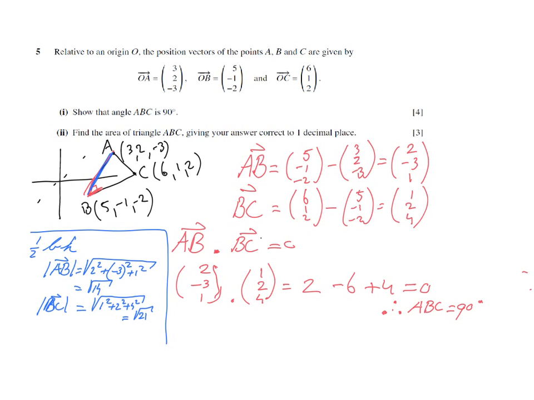That's half times the square root of 14 times the square root of 21, which equals 8.6, I believe, to 1 decimal place. Let me check that. The square root of 14 times the square root of 21 divided by 2 gives 8.6, correct to 1 decimal place, so make sure you round it properly.